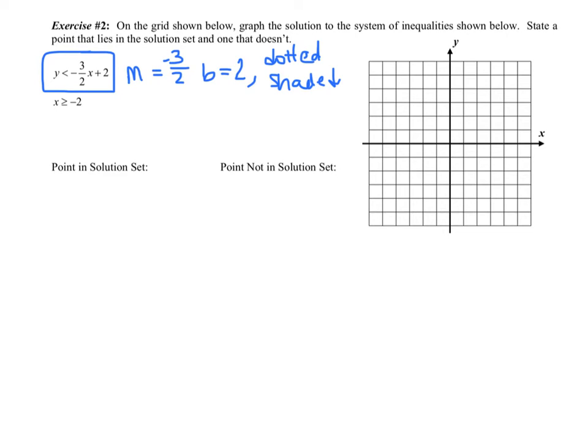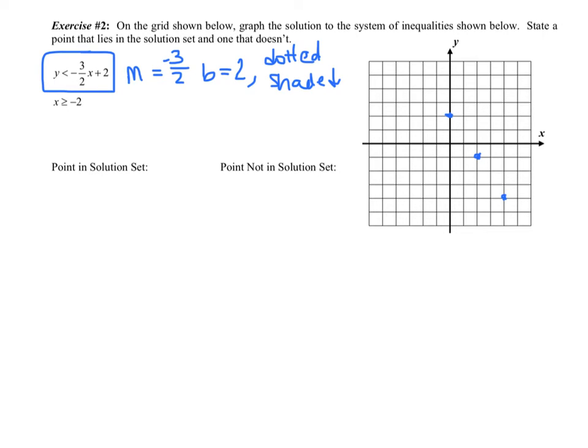All right, so I'm going to go ahead and put all that information onto my graph. So my y-intercept is positive 2. I have a slope of negative 3/2, so I'm going to go down 3 and right 2. Down 3 and right 2.